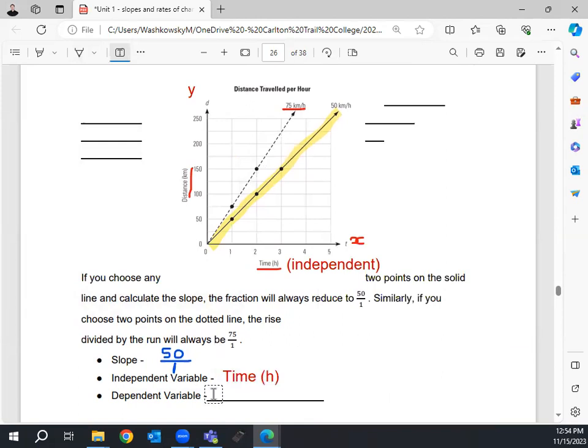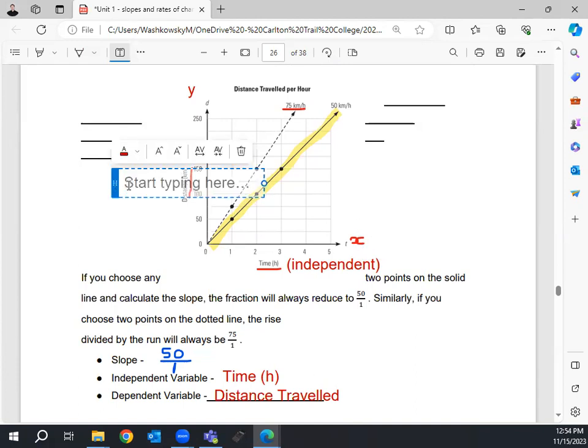That one is my dependent variable. So the distance I travel is dependent on how long I'm driving at this speed, right? That's why that's the dependent one. And again, a good cheat code is: the independent is always x and the dependent is always y.